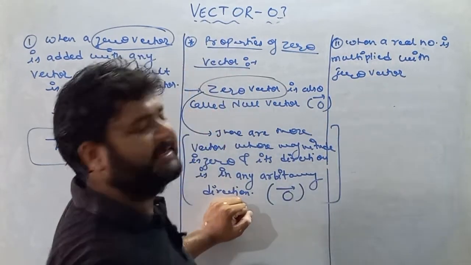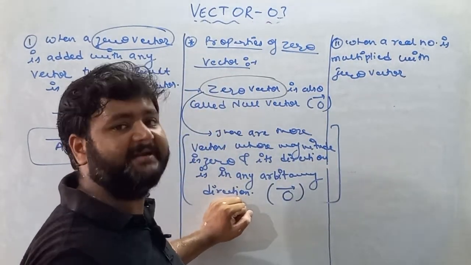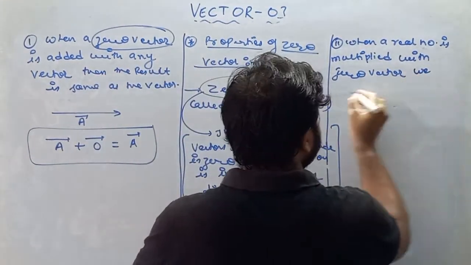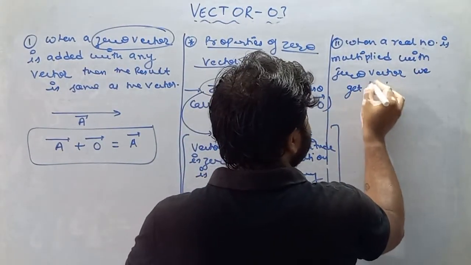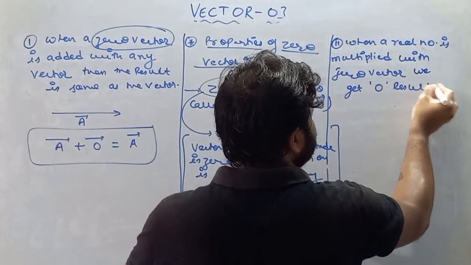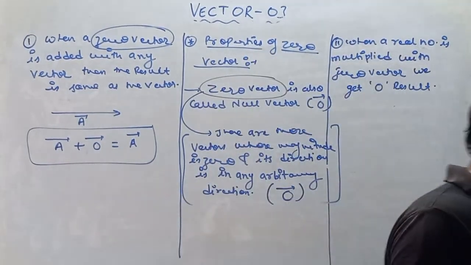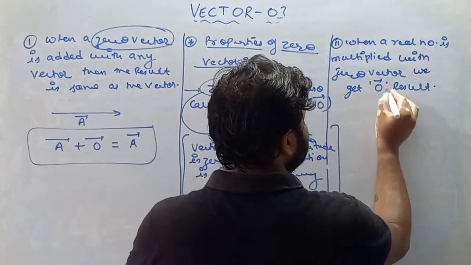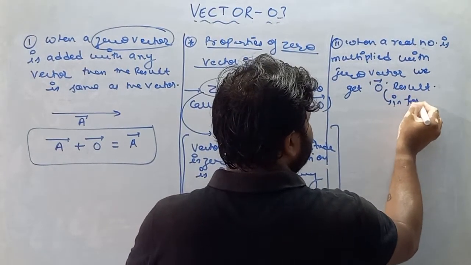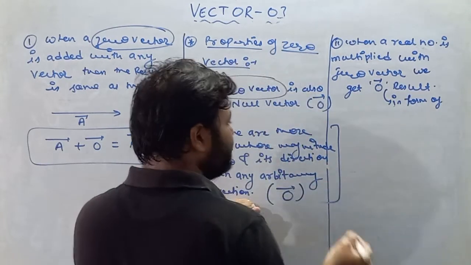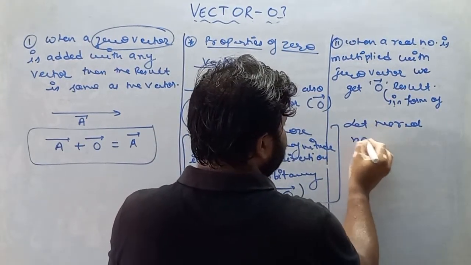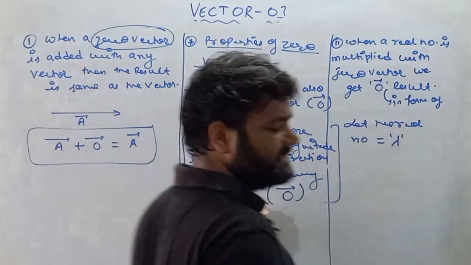When a real number is multiplied with a zero vector, we get zero vector as the result, not zero, a zero vector as the result. So let the real number be, let's say, lambda.